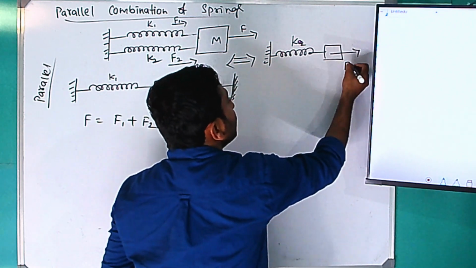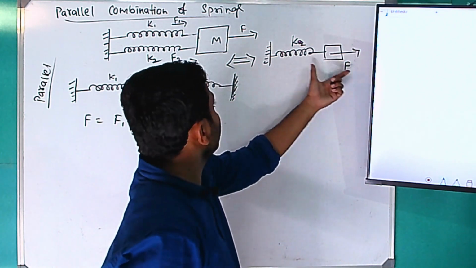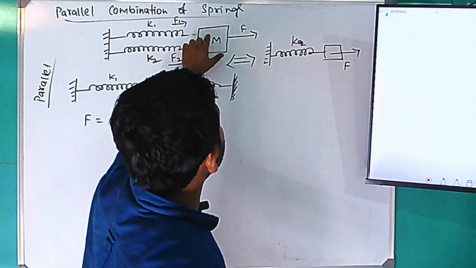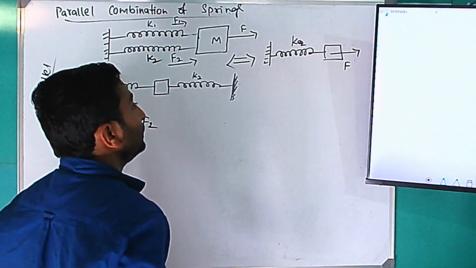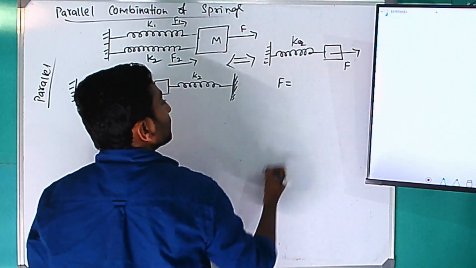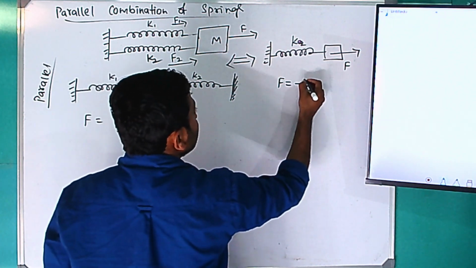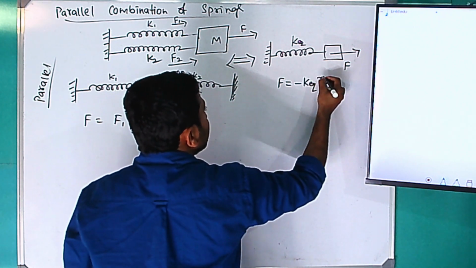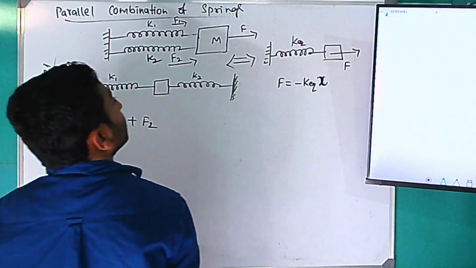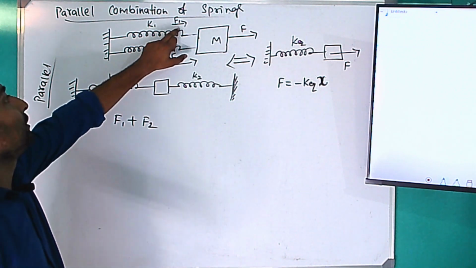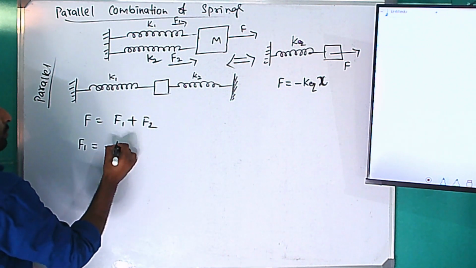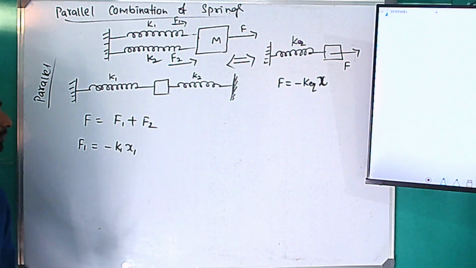So what is F? F is the same force which is produced by the combination of these two. So now let us write the spring force equation. F is equal to minus K equivalent into X. Can I write here, F1 is equal to minus K1 into X1?